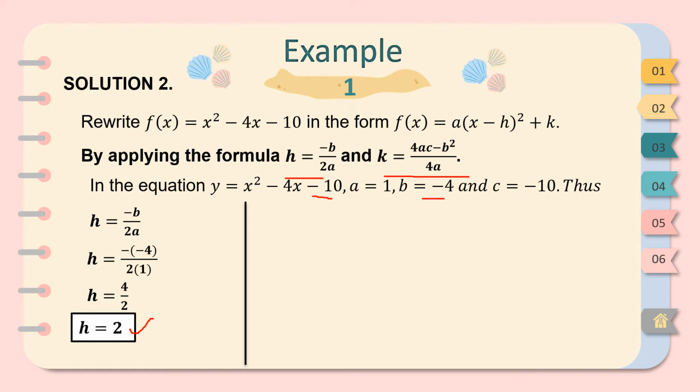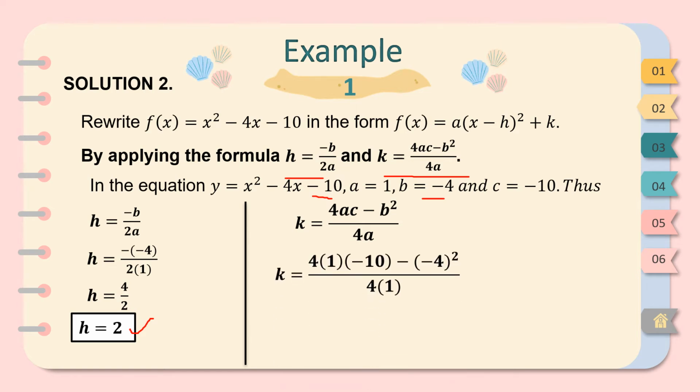Proceed po tayo sa ating k value. Ang formula natin is k is equal to 4ac minus b squared divided by 4a. So, substitute the real numbers a, b, and c. So, therefore, magiging k is equal to 4 times your a value, 1. Kaya po yan ay naging 1. And then, c is negative 10.